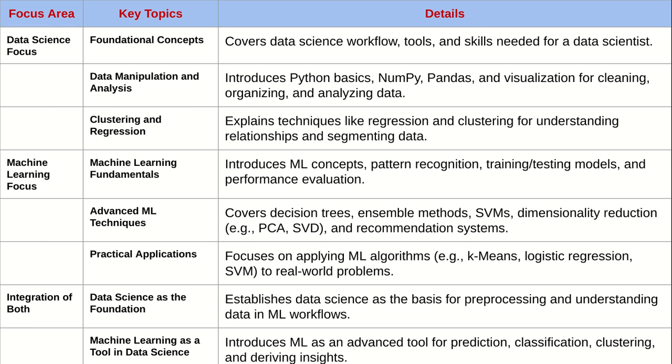And then we have data manipulation and analysis, whereby we do introduction to Python basics, we look at Pandas, NumPy, and then we look at visualization, and then cleaning of the data, organizing and analyzing data. After that, we're going to be looking at clustering and regression techniques, which enable us to understand the patterns in the data or relationships for the data points in our given data.